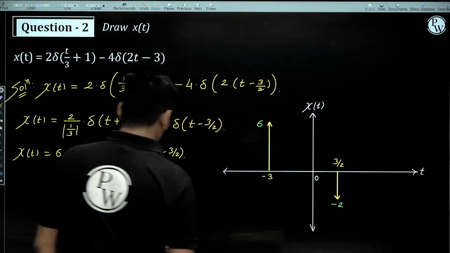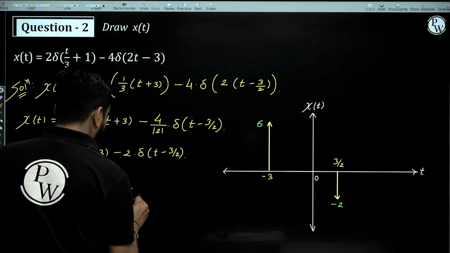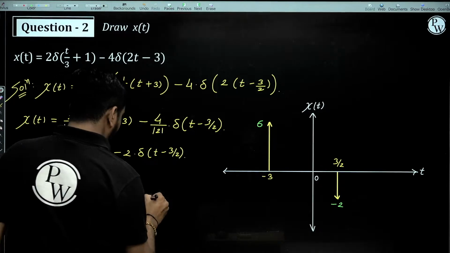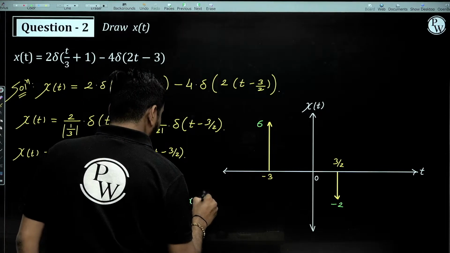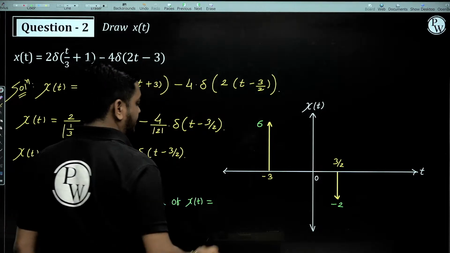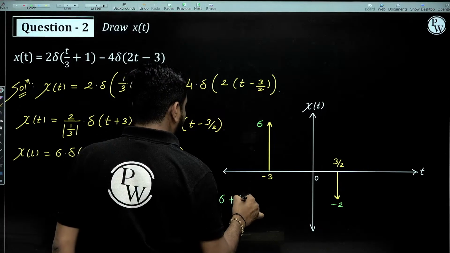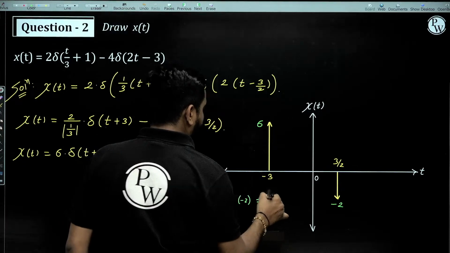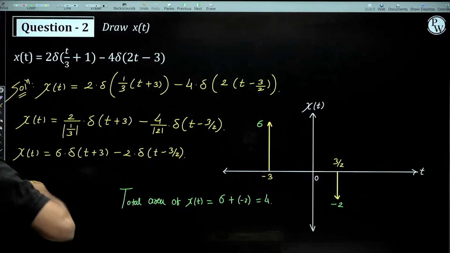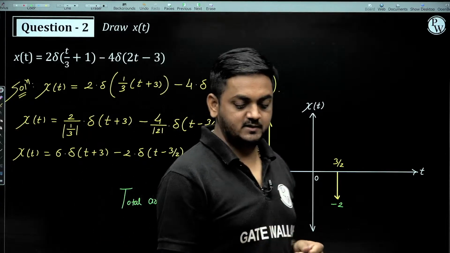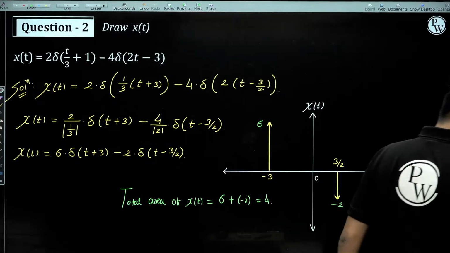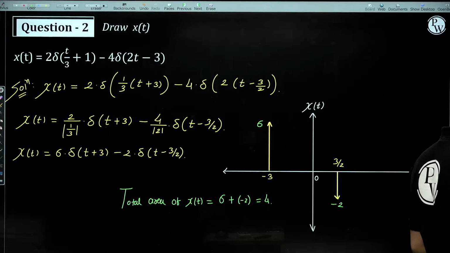If I am asking the total area of x of t, it is 6 plus minus 2, which will be 4. Total area will be 4, guys. Fine. Is this clear? So these are some basic examples based on the properties.